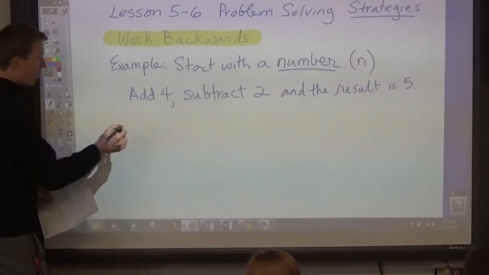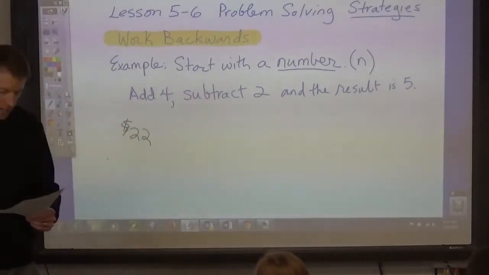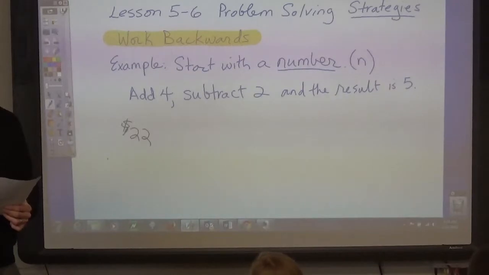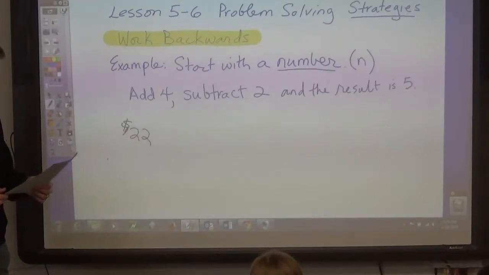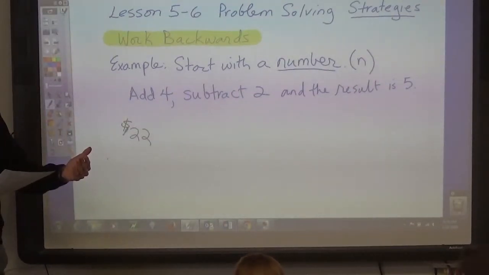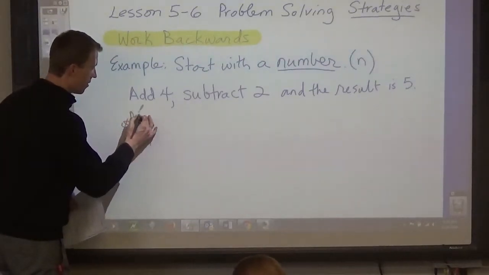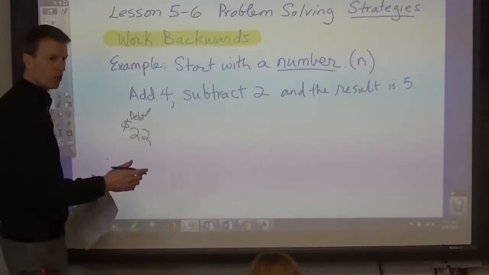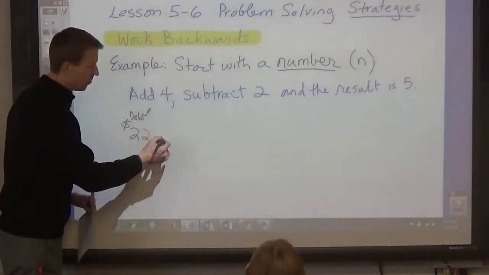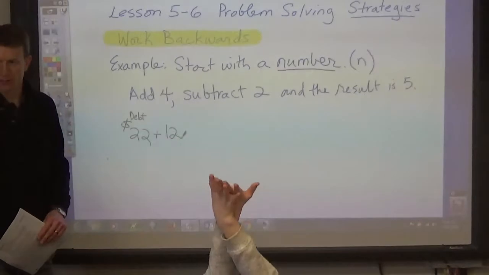So, working backwards, if we start with $22, and then it says that on Saturday she paid them $12. So that was $12 off her debt. So that means instead of subtracting that from her debt, this is the amount that she owes, this is her debt, we would need to work backwards and add that to her debt. $12, right?